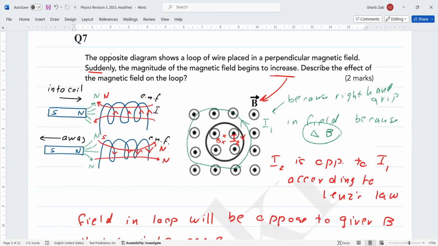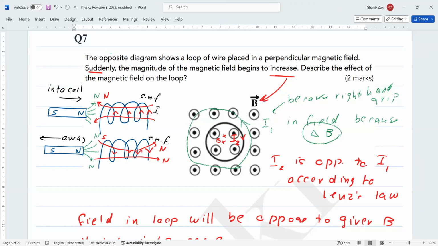But in the loop, the magnetic flux density will be produced into the page, opposite to what is producing it. The given magnetic flux density is out of the page. So, according to Lenz's law, can you see the figure here?